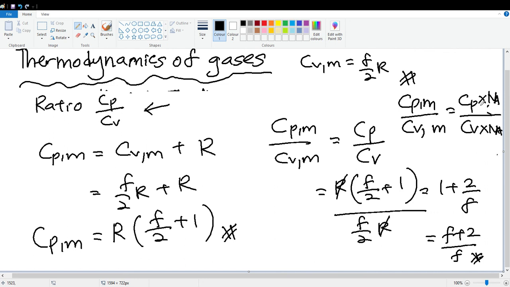My Avogadro constant times the specific heat capacity of one gas molecule at constant pressure equals the specific heat capacity of 1 mole of gas at constant pressure. The same goes for the condition of constant volume. So this will be cancelled, and what I get is Cp over Cv. That's why I said that Cp over Cv equals CPM over CVM.